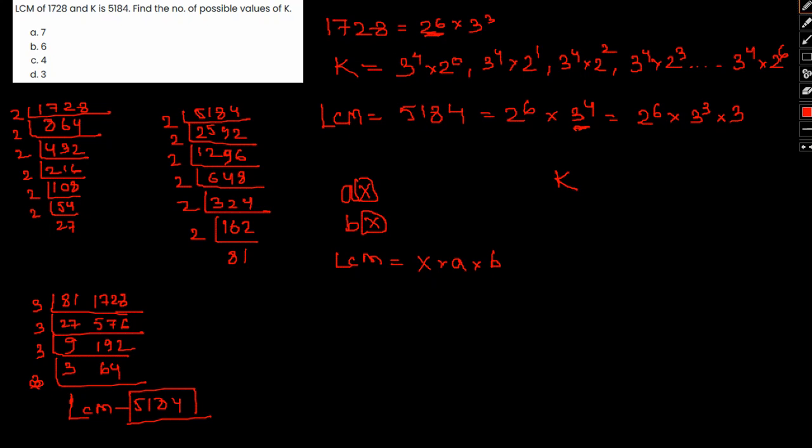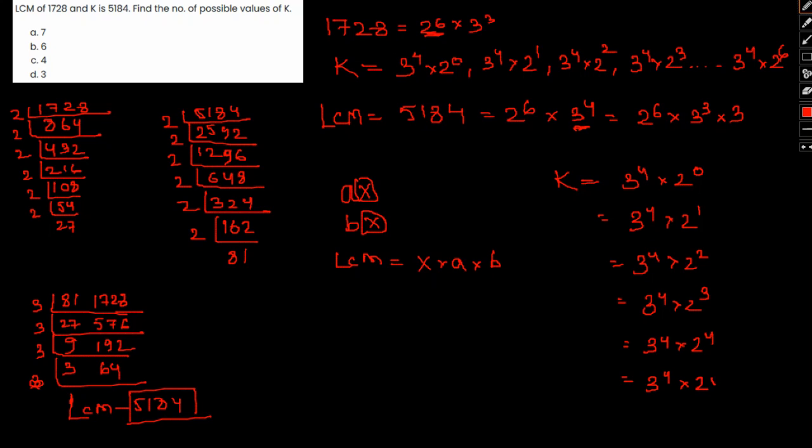So K's values are 3 to the 4 times 2 to the power 0 through 6, which is 7 values altogether.